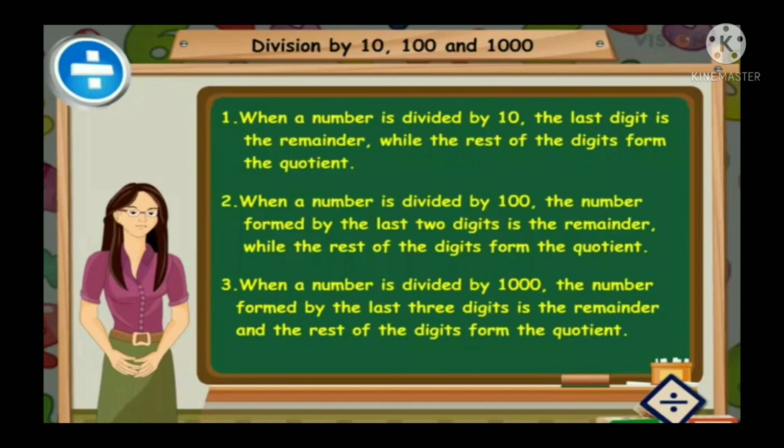And the third one is when a number is divided by 1000, the number formed by the last three digits, which is ones, tens and hundreds, is the remainder, and the rest of the digits form the quotient. I hope you have understood how we find the quotient and remainder of division by 10, 100 and 1000 without doing any division.